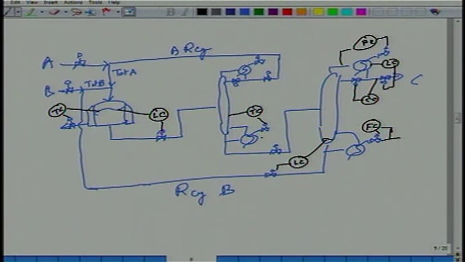Similarly, you have a level controller that goes like this. What else? Now, how do we manage A and B? Let's say you're putting in some amount of reflux here, flow control, level control, and of course pressure control. This is all standard stuff, right?